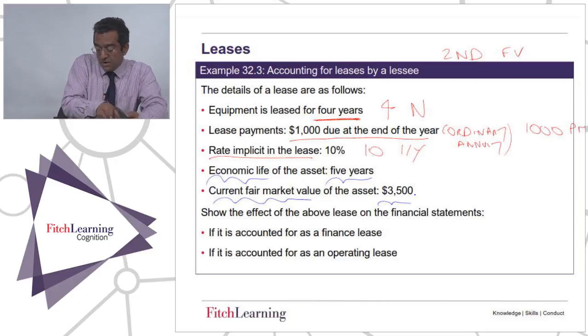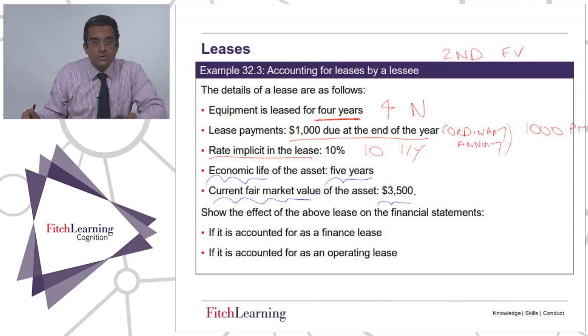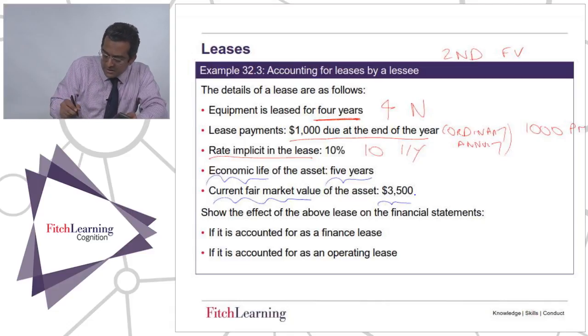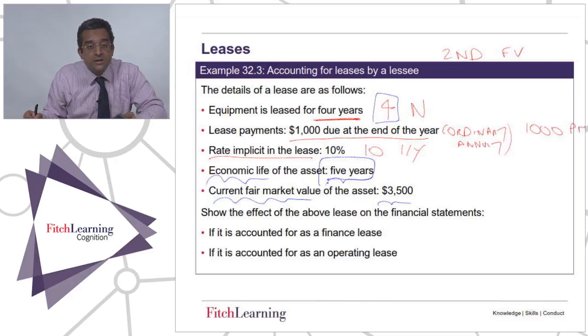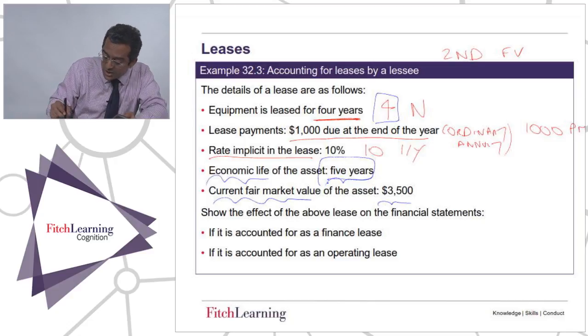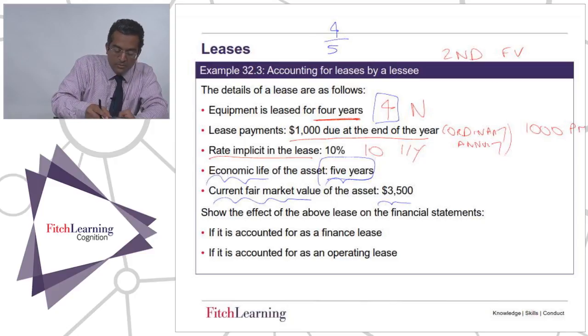Now, one of the things we can look at is the actual lease term. We can see, guys, there, 4 years is the lease term, and 5 years is the actual economic life. So as a ratio, of course, we can say 4 years over 5. We can all work out ourselves there, but 4 over 5 is, of course, going to give you 80%.